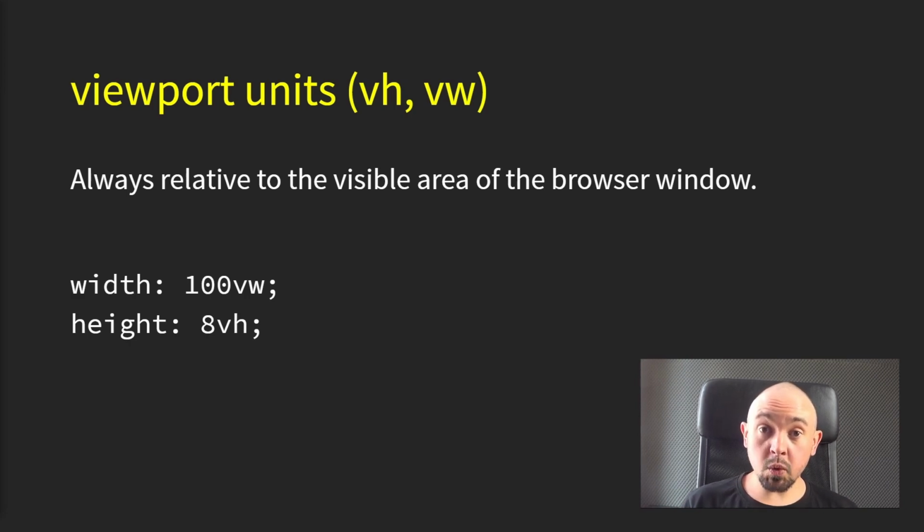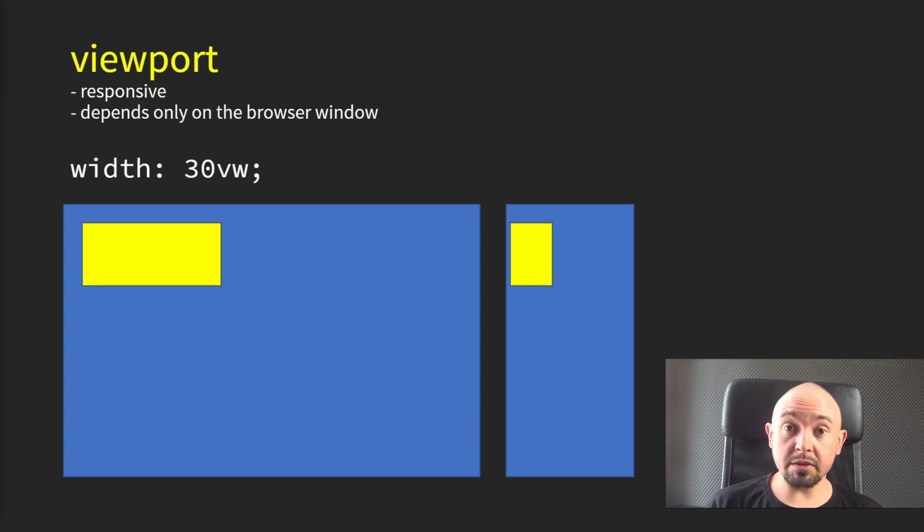So these units work like normal percentages, but do not refer to the parent element like the normal percentages, but always to the browser window, regardless of the size of the parent element. Viewport is always a responsive value. As we can see in this example, the height of the yellow element remains unchanged, while its width always occupies 30% of the width of the viewport, which is the browser window, regardless of whether we display it on a computer monitor or smartphone.